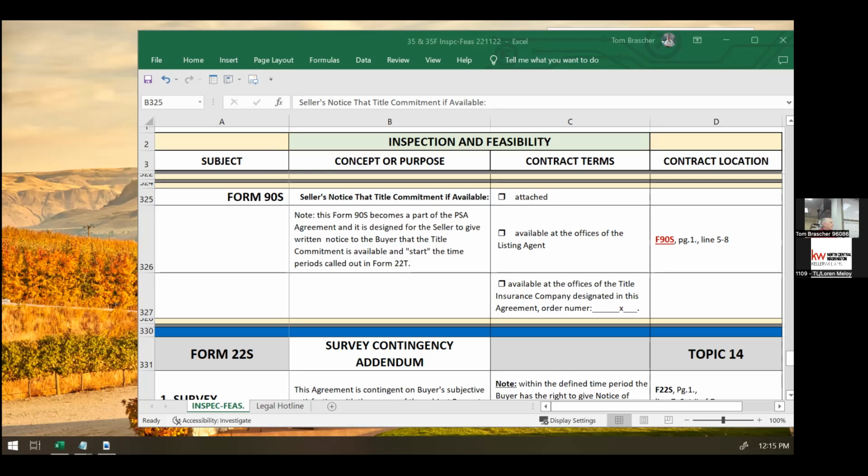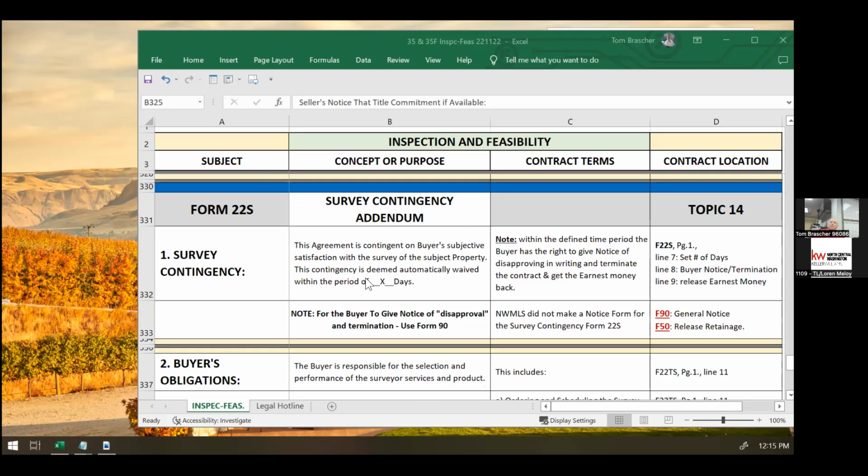They're a team. The title report people are the experts. As real estate brokers, we're not the experts. We can lead them to the documents. We can lead them to things we think they should read. And if they want further clarification, then we should have them talk to that title officer, because he or she is the expert. Okay.